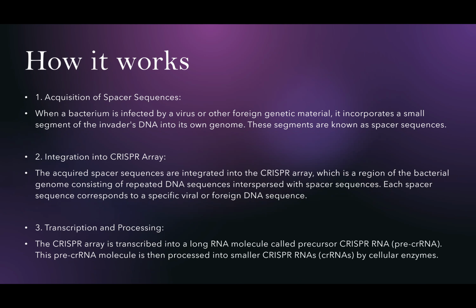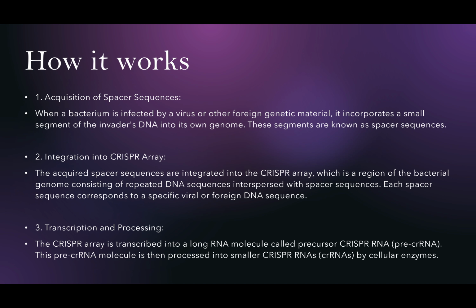So generally, how CRISPR works: we have the acquisition of spacer sequences. When a bacterium is infected with a virus or other foreign genetic material, it incorporates small segments of the invader's DNA into its own genome. These segments are known as spacer sequences. So what the bacteria does is take in some of the enemy DNA, the invader's DNA.